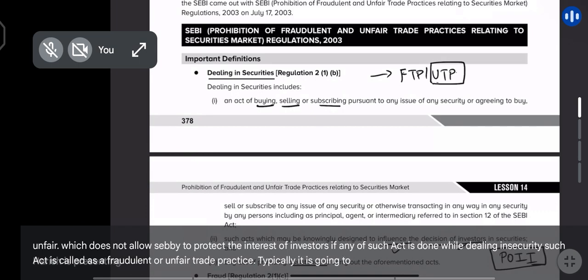Typically, it is going to be put under unfair unless fraud is proven.